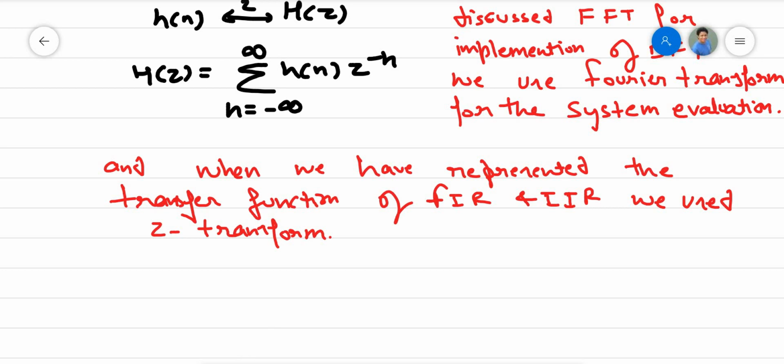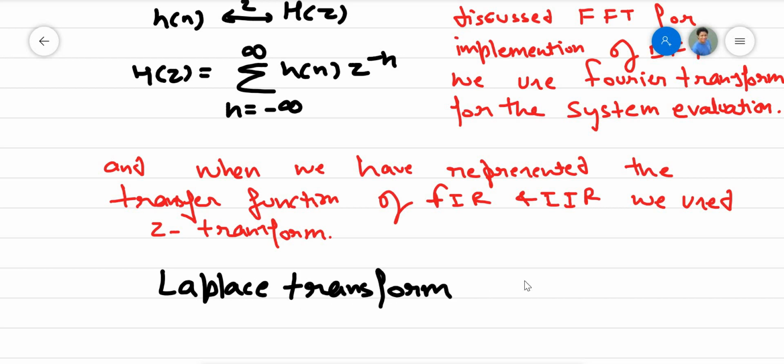We have to see the importance and the relation between Z transform and the Fourier transform. So where does it come from? When we see this particular part, we have to involve the Laplace transform in between, which is denoted by s, and s is equal to sigma plus j omega.